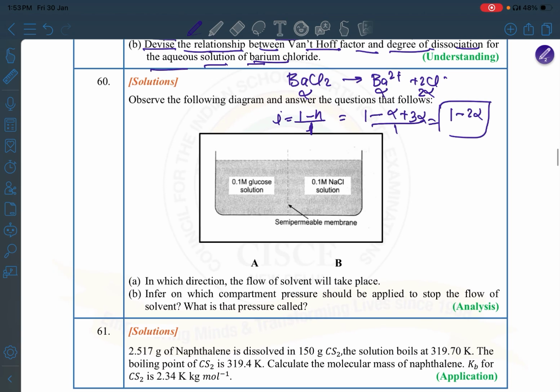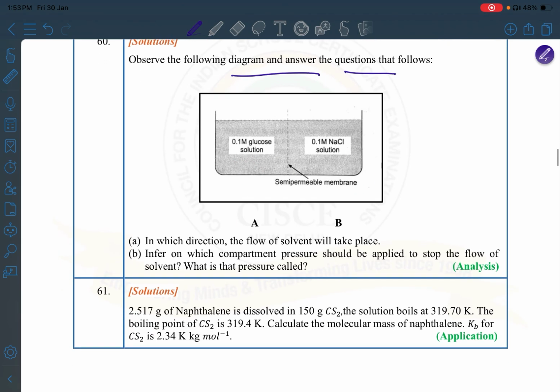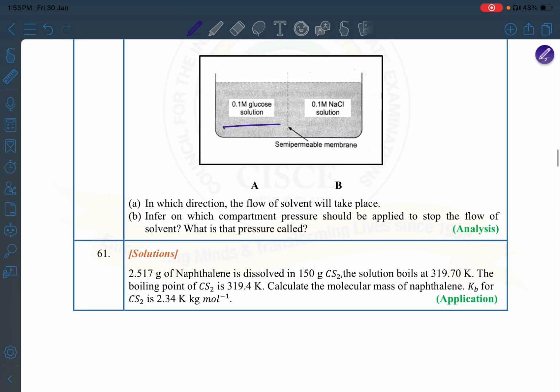Then the next question is: observe the following diagram and answer the following questions. Okay, so here we took a 0.1 M glucose solution, and here a 0.1 M NaCl solution, and this is a semi-permeable membrane. Here the concentration of the solution is 0.1. Here the total concentration of ions is 0.1 plus 0.1, because NaCl dissociates into Na+ and Cl-.